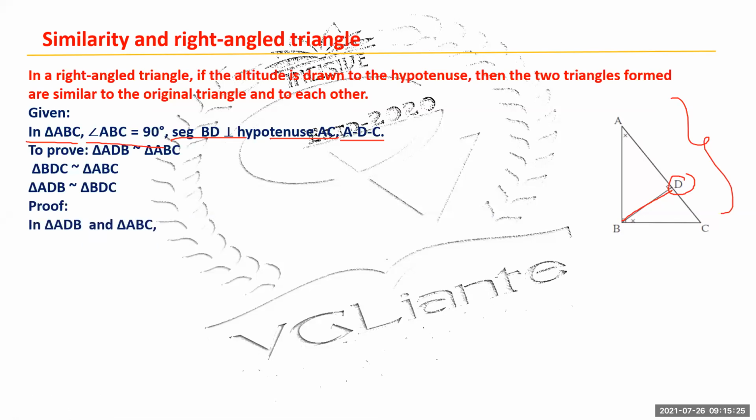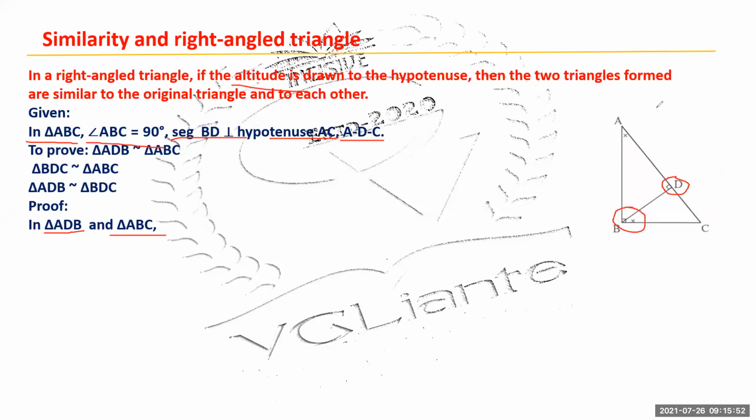In triangle ADB and triangle ABC, when you are considering these two triangles, both are right angle triangles, because when you draw the altitude, it makes an angle of 90 degrees. Here, 90, 90. So the first pair of angles you get directly.